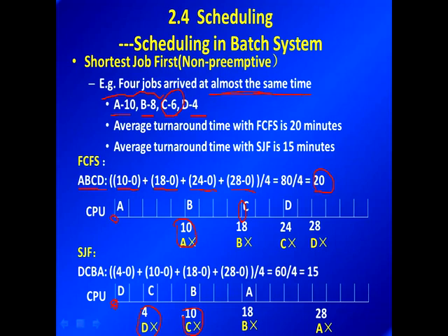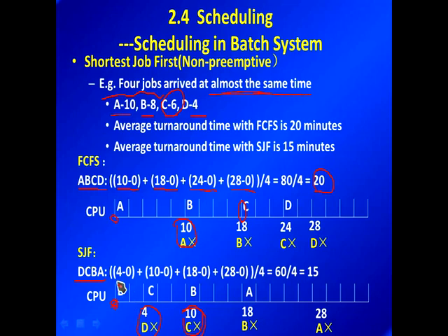So I just list the turnaround time for each job here. The execution order with SJF should be DCBA, and you just need to subtract the same submission time from the completion time.